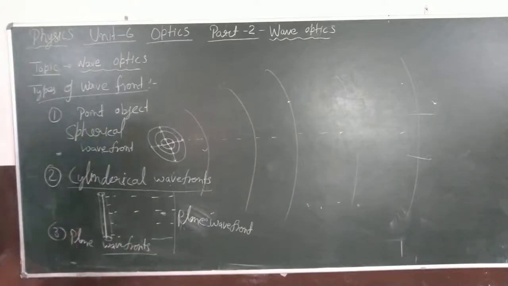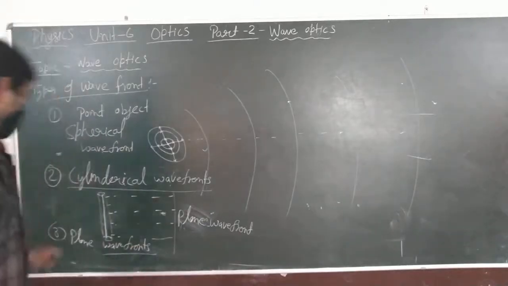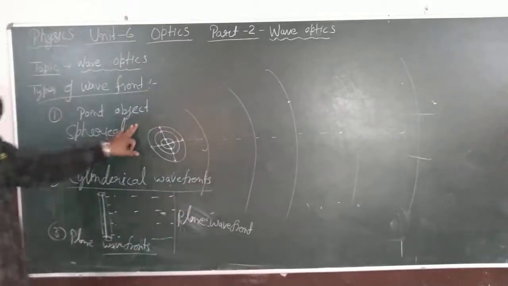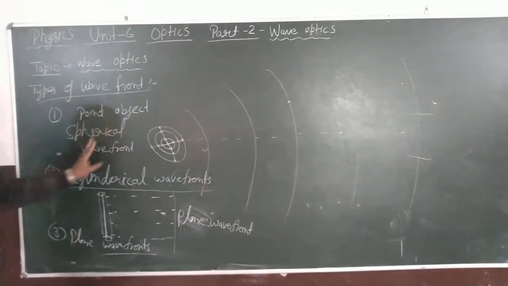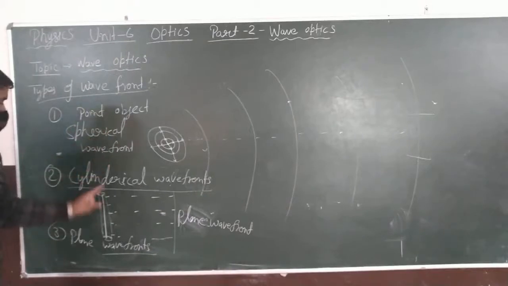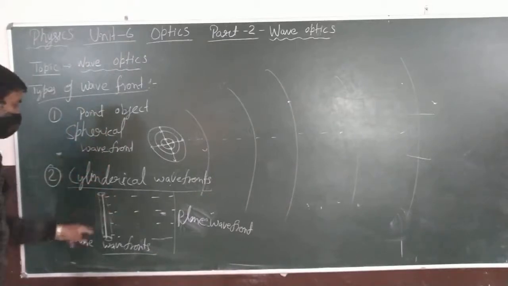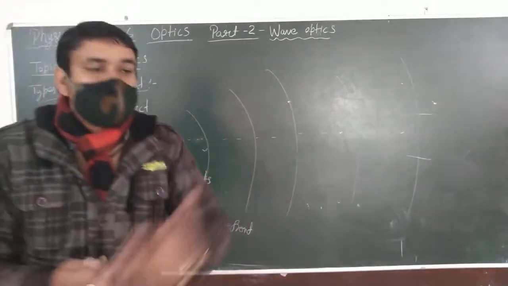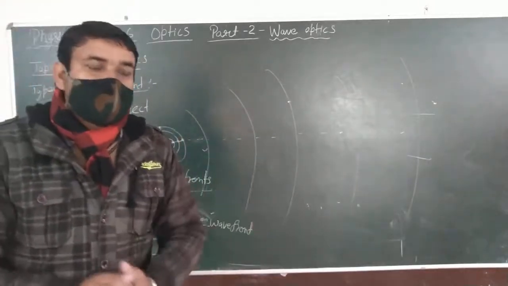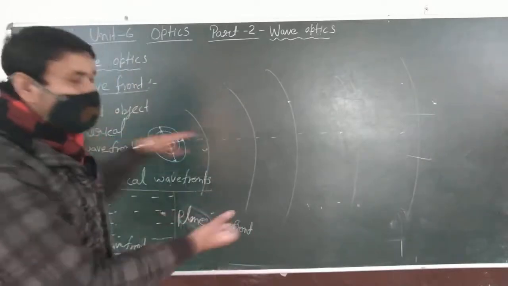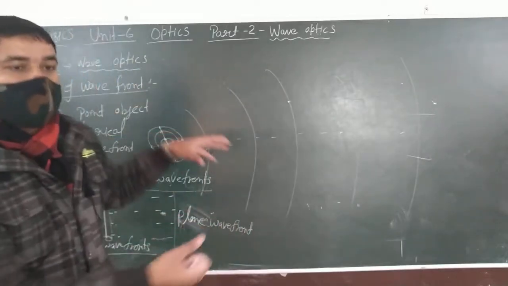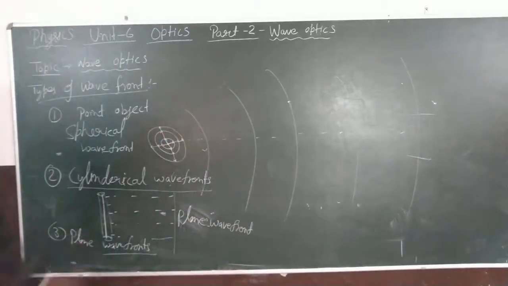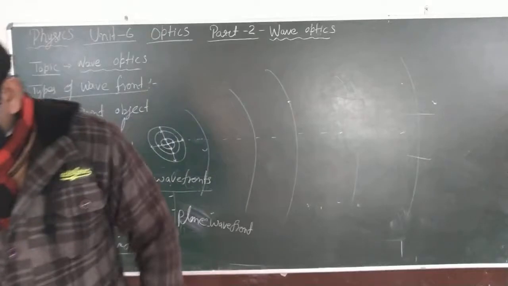Now what are these plane wavefronts? As we discussed in the above two cases, point object or spherical wavefront, and linear object or cylindrical wavefront, when these sources are very far from the point of observation, then the rays or waves coming from them behave like a plane wavefront. Okay, so these are the types of wavefront. Clear?